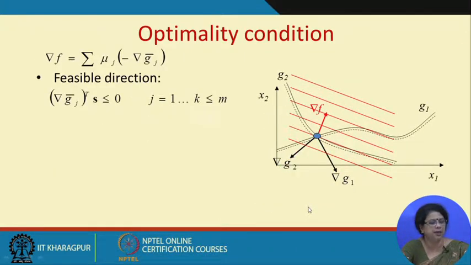Now, similarly to define the feasible direction, if S is the feasible direction, then grad G into S must be less than 0. That is why minus grad G bar dot S must be greater than or equal to 0.